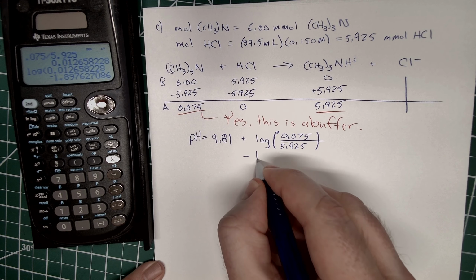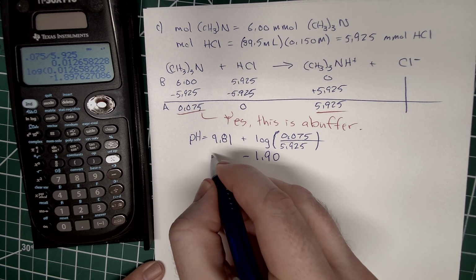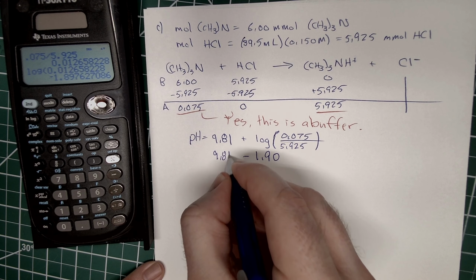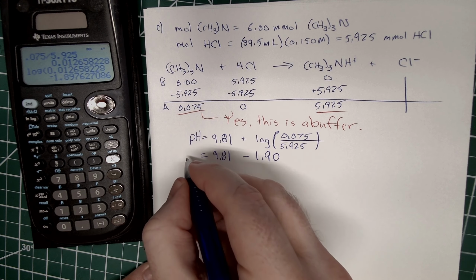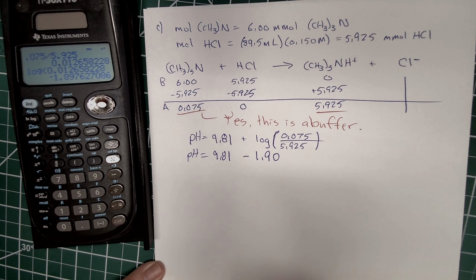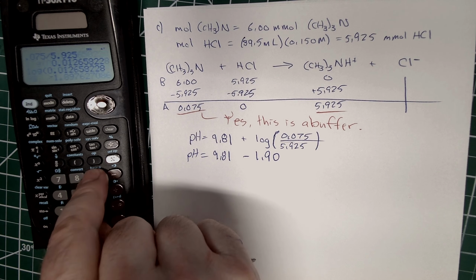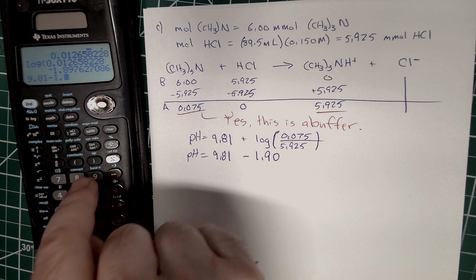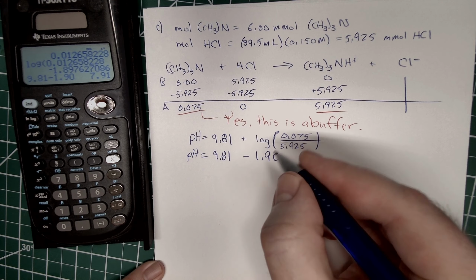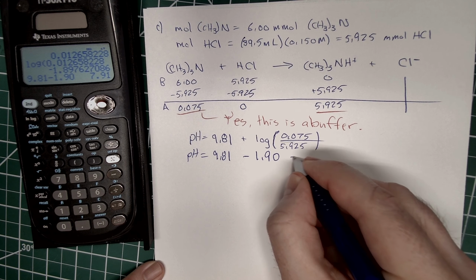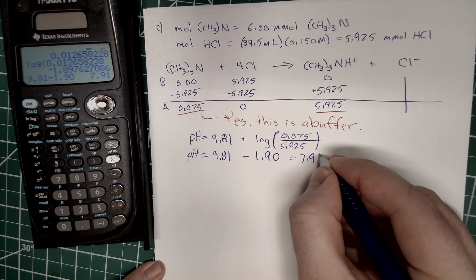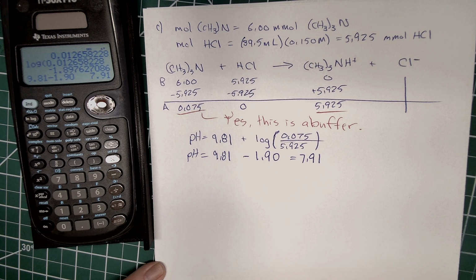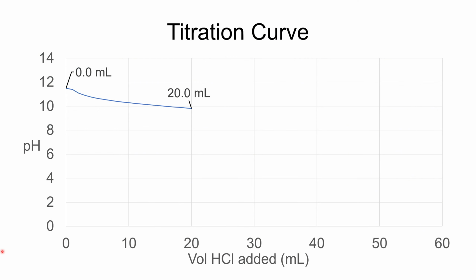So 9.81 minus 1.90, and that gives us 7.91. All right, so we've progressed a little bit. We've gone a little bit further here in this. I'm going to go back over here.